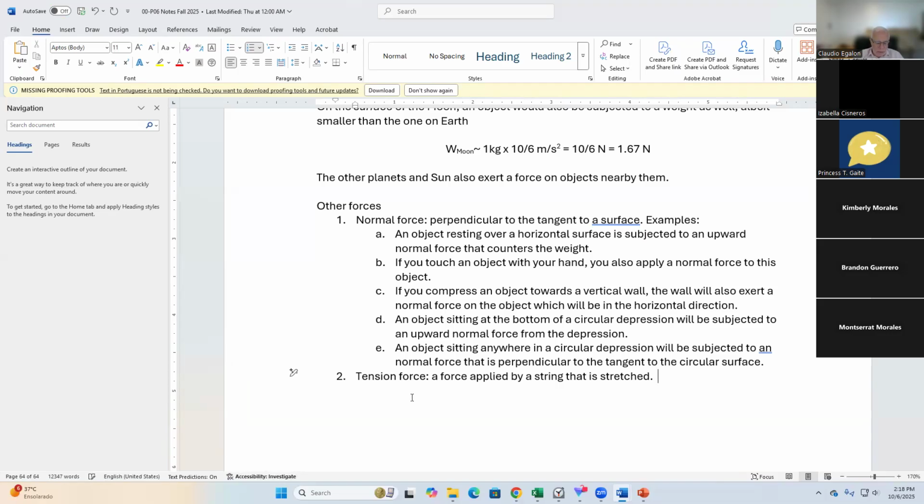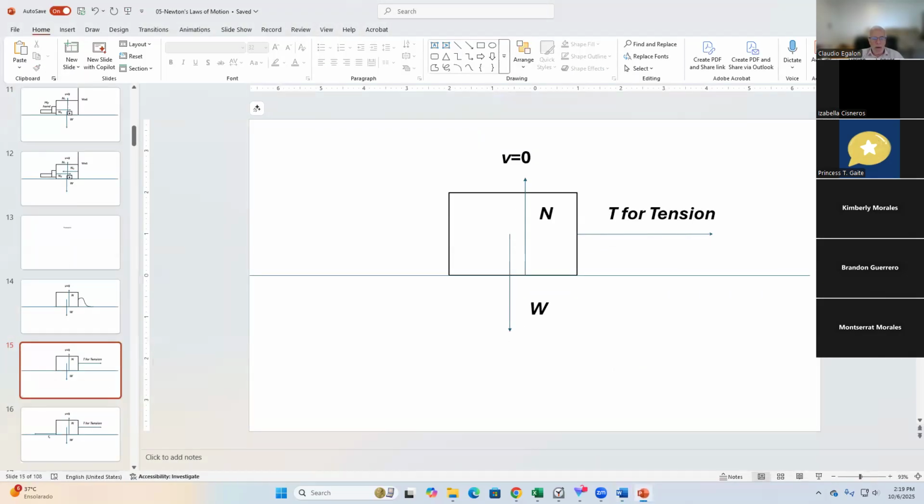This force can be in any direction: horizontal, vertical, or a combination thereof. If I were to illustrate this tension, we go other direction of the tension, right? Here you go.